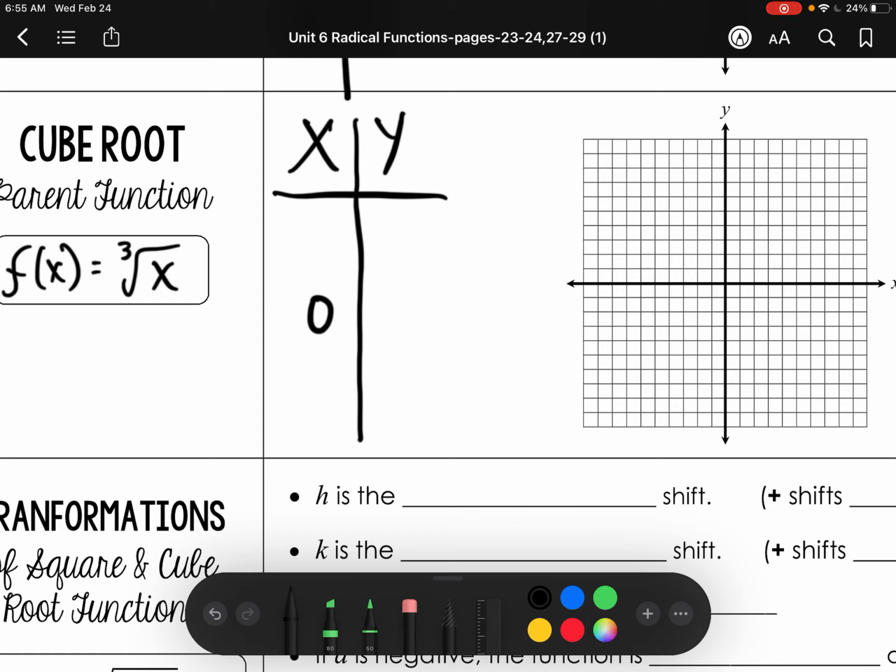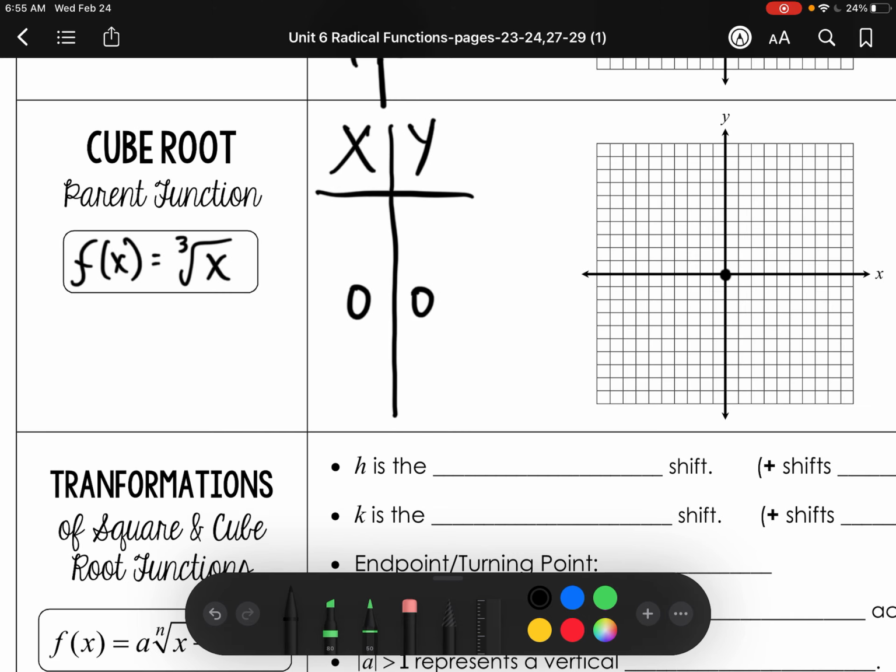If you plug 0 into this function, you get f of x is equal to the cube root of 0, which is 0. So we can go ahead and plug that point in. Then let's take the cube root of 1. The cube root of 1 is going to be 1, so that point's right here.